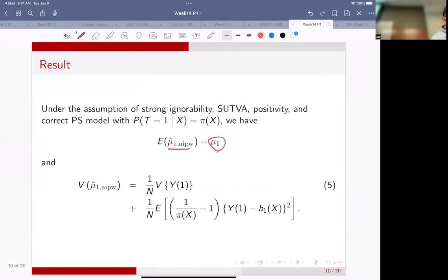The assumptions are strong ignorability, SUTVA, positivity. These are the standard three assumptions, plus one more: a correct PS model. So we have four assumptions: the classical three plus the PS model.